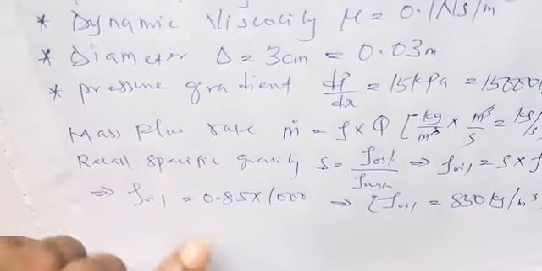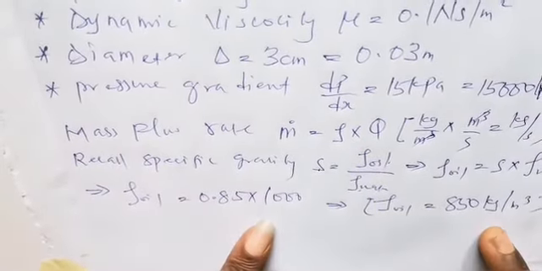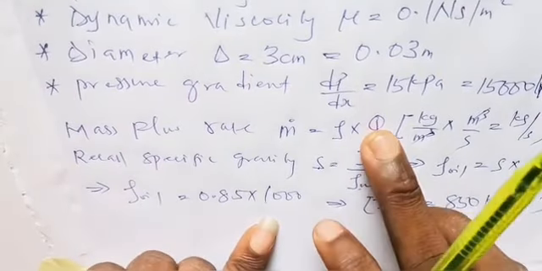Alright, to find mass flow rate, we have to find density and discharge. We found density. The next thing now is to find the discharge.